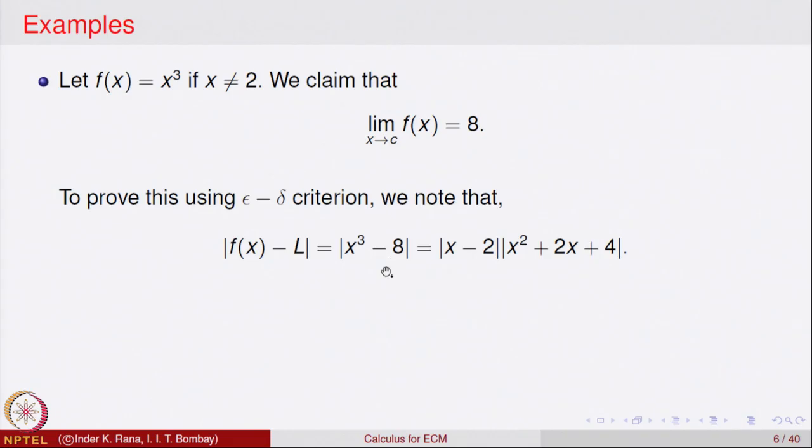By using the algebraic identity a cube minus b cube is equal to a minus b into a square plus a b plus b square, we get x minus 2 into x square plus 2 x plus 4. We get these factors, and then use the property of absolute value, that the absolute value of a b is equal to absolute value of a into absolute value of b.